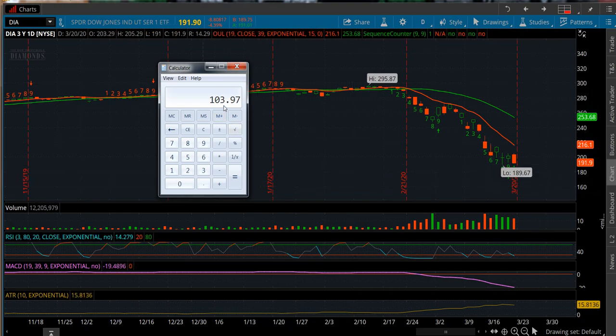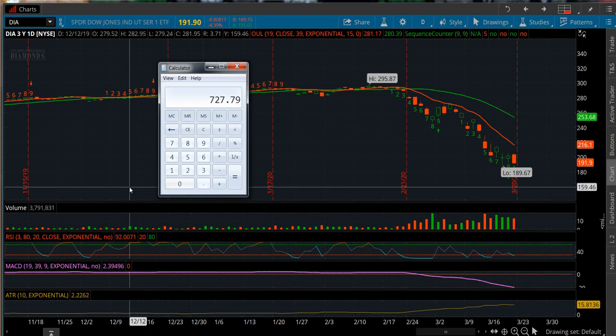You will have made $103.97 a share times 7. That's $727 of profit, risking 200. So you have made over 3 times as much as you risked.